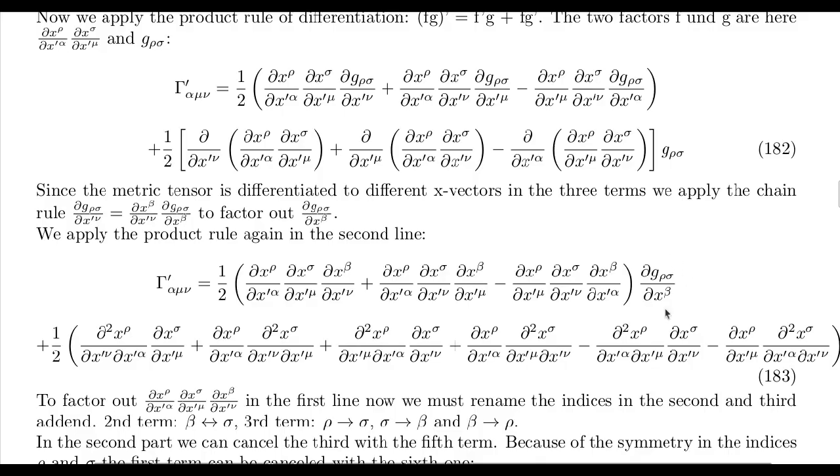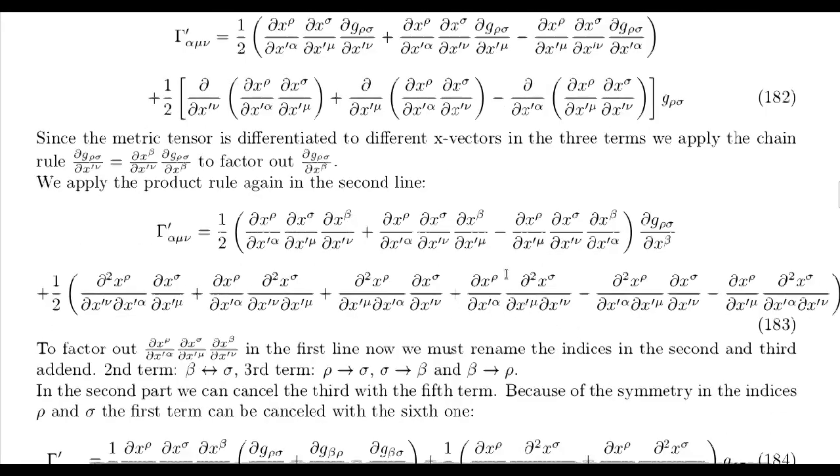And then in the second line, we have factored out here the parentheses. We have here 2 factors, and if we differentiate, then we get 4 addends here. So we have here 6 addends here in the second line, 183.